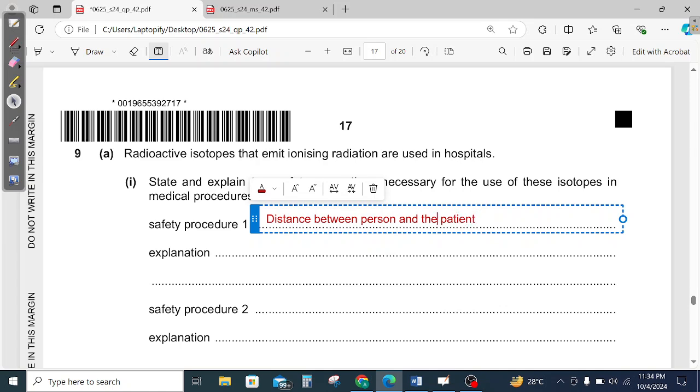I will write here, increase the distance between person and doctor. You can use the word person or observer or doctor. You can use both terminology.